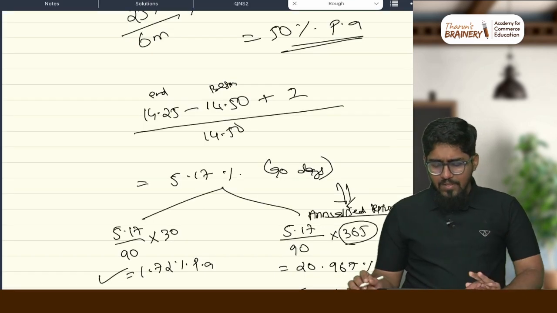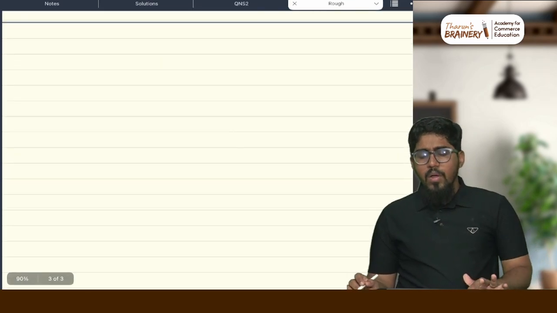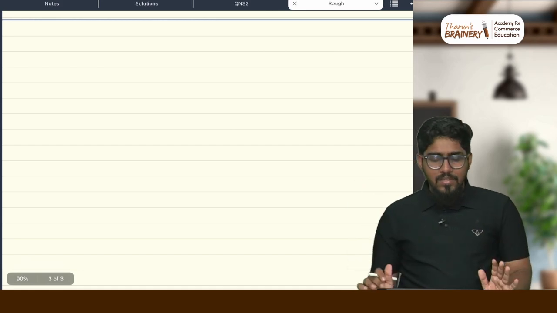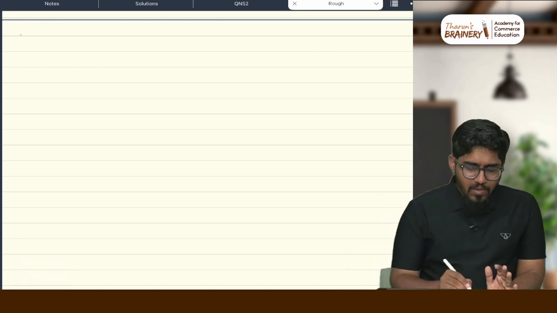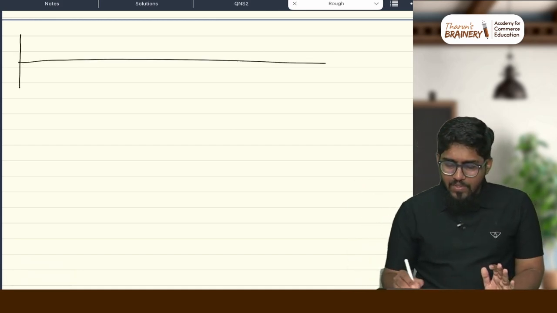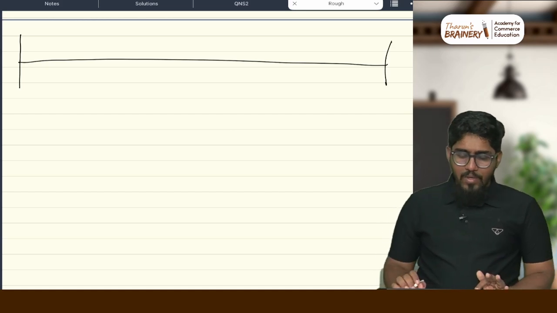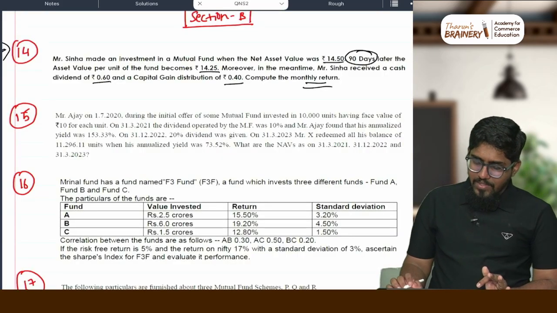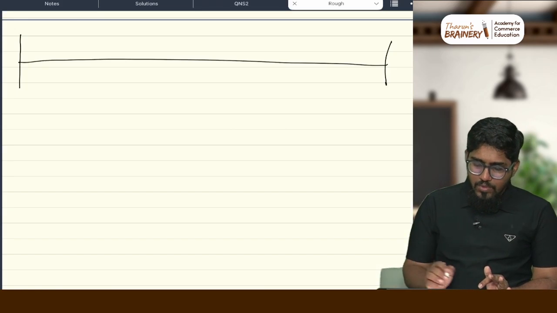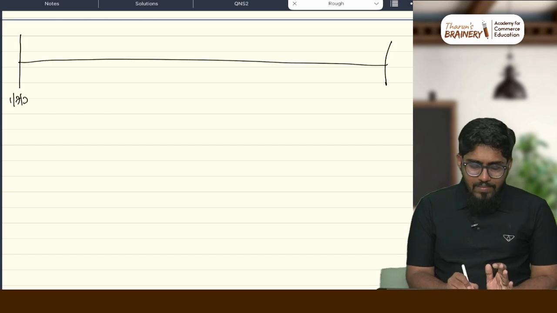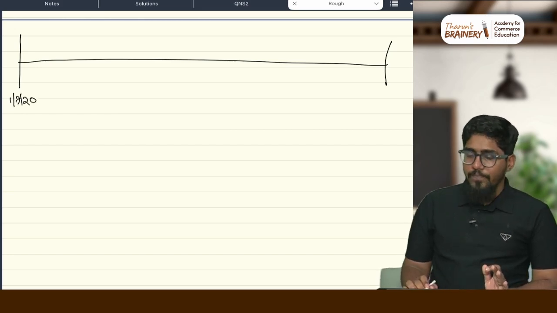So whenever you get a problem with timelines, always first draw the timeline. He has invested on 1/7/2020.